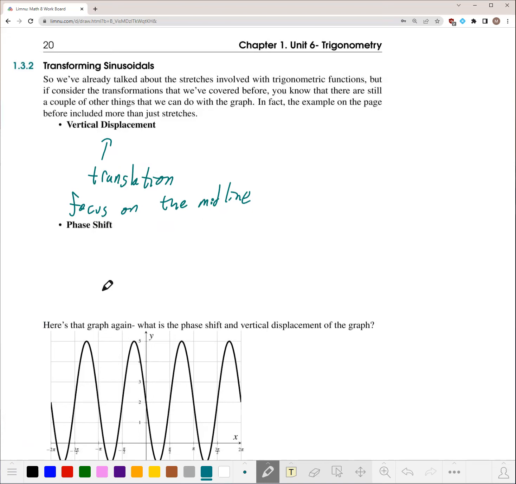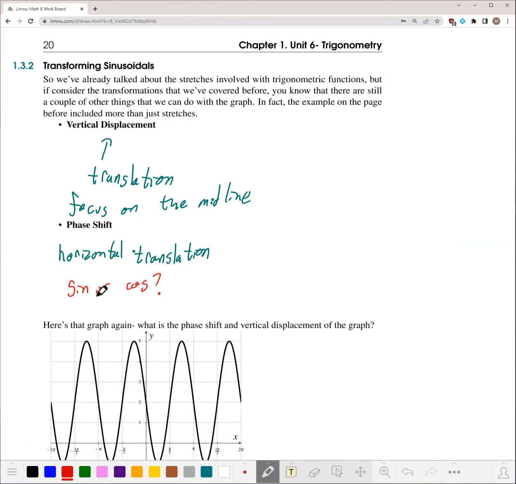A phase shift is essentially a horizontal translation, and the different phrasing here, I don't really know why we do that, but we do, so just live with it. When we talk about a phase shift, you are going to get something kind of interesting as far as a tool goes with this. And that is that you're going to want to base your phase shift on whether it is a sine or a cosine function.